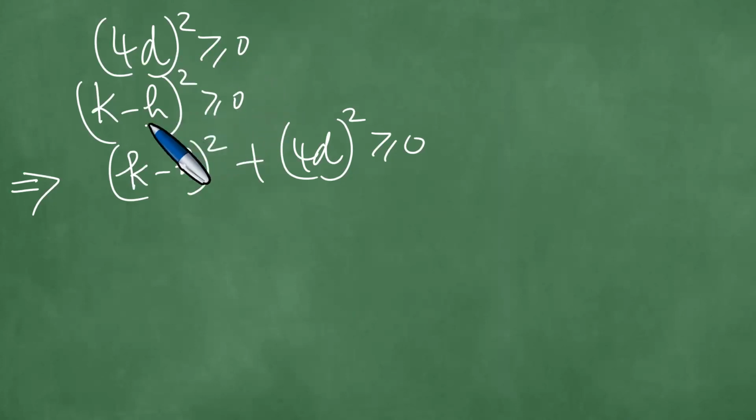Even if you square a negative number, like -2 all squared, you get a +4. So if you square these things, you get numbers that are greater or equal to 0. Now, what is this k minus h all squared plus 4d squared? This is delta, so which means that delta is greater or equal to 0.